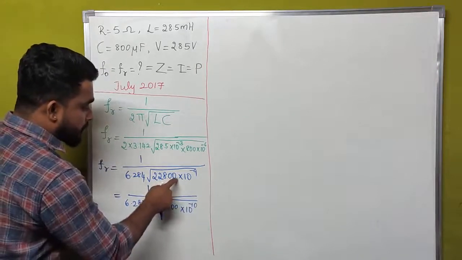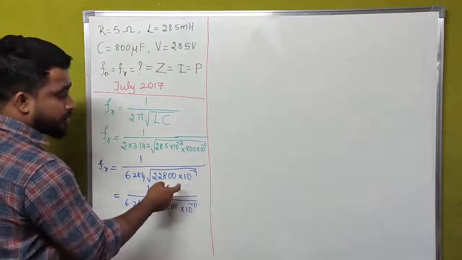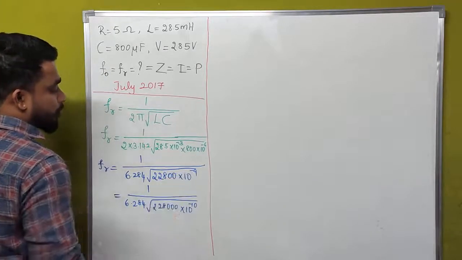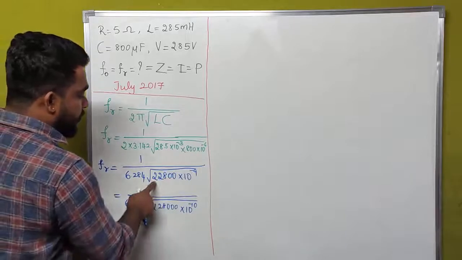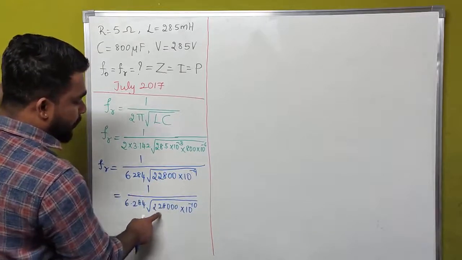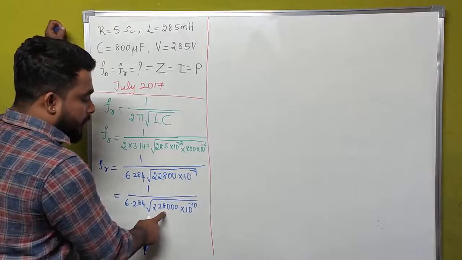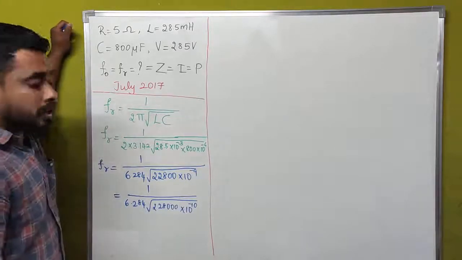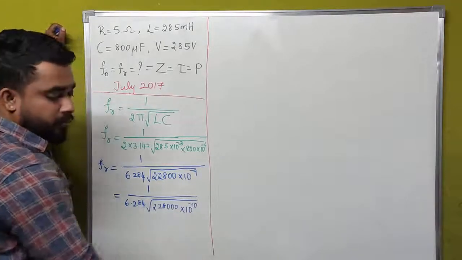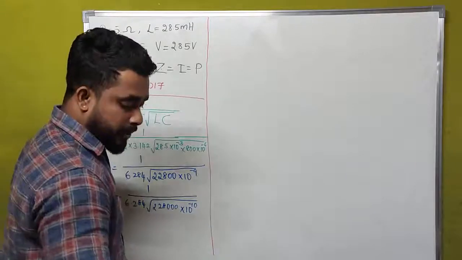I am shifting the point to the next number, so 22,800 has become 2,28,000 into 10 to the power of minus 10. Now we can take out the square root of this value.